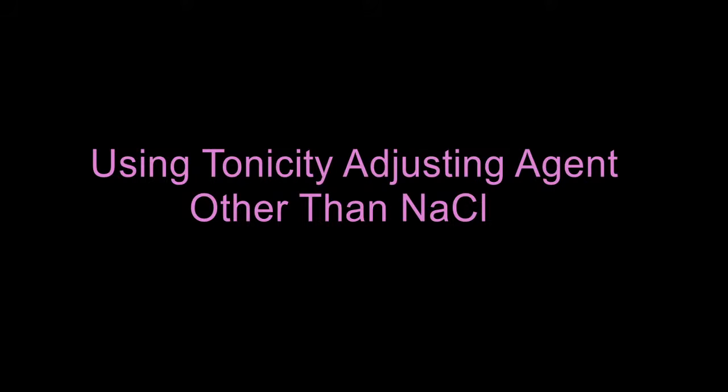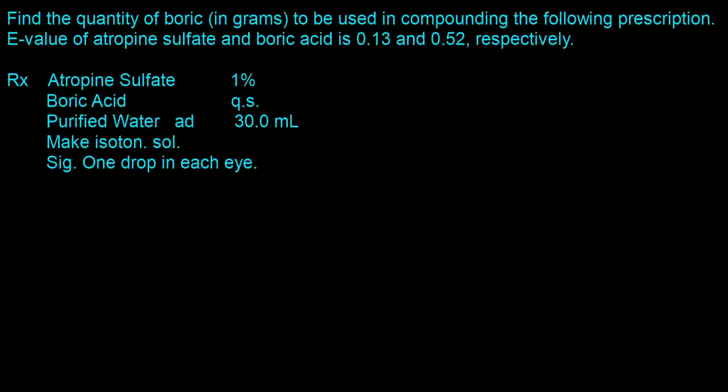Sodium chloride is the frequently used one, but you can also use boric acid, dextrose, or mannitol. So what happens when you have to use something other than sodium chloride? Up to now, all the examples have been using sodium chloride. The process is fairly similar. There's only one additional step, so there's a fourth step more or less.